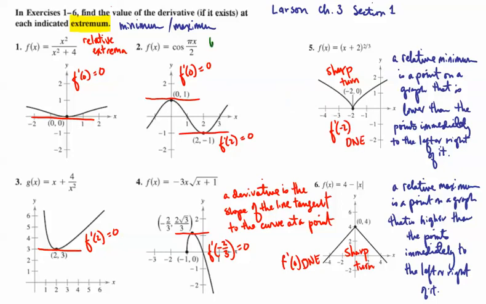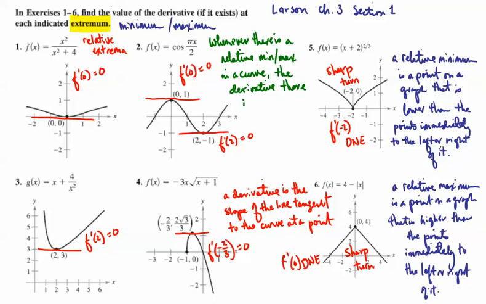It says, whenever there is a relative minimum or maximum in a curve, the derivative there is either 0 or does not exist.